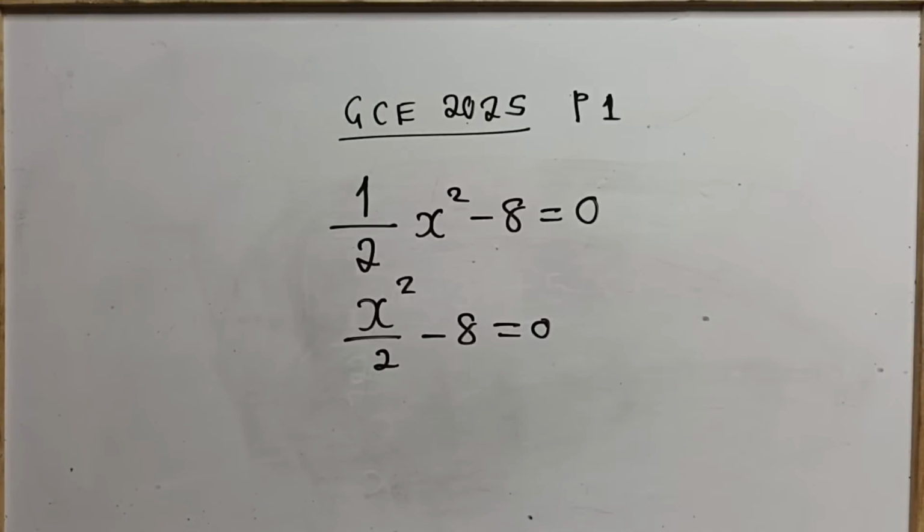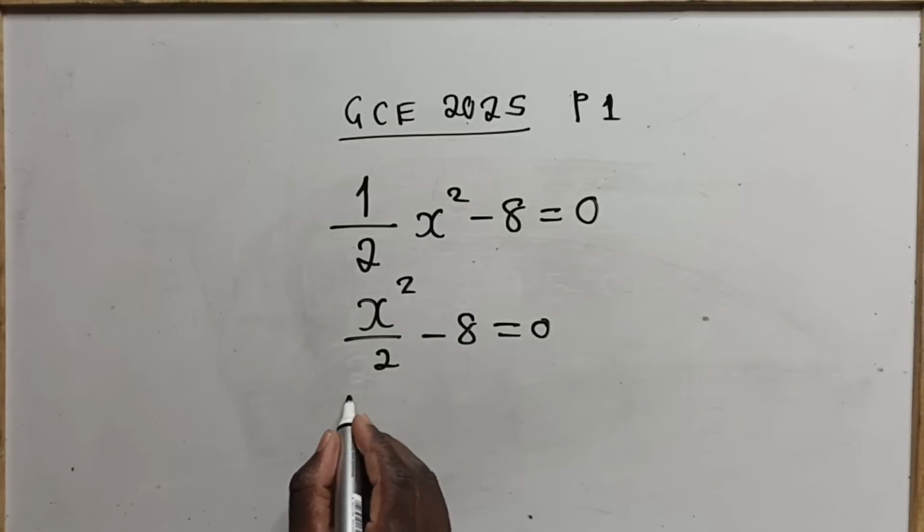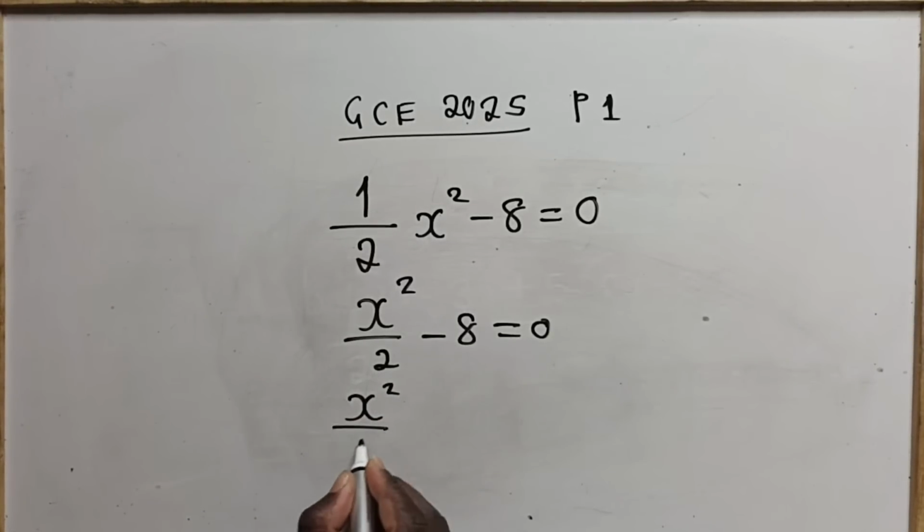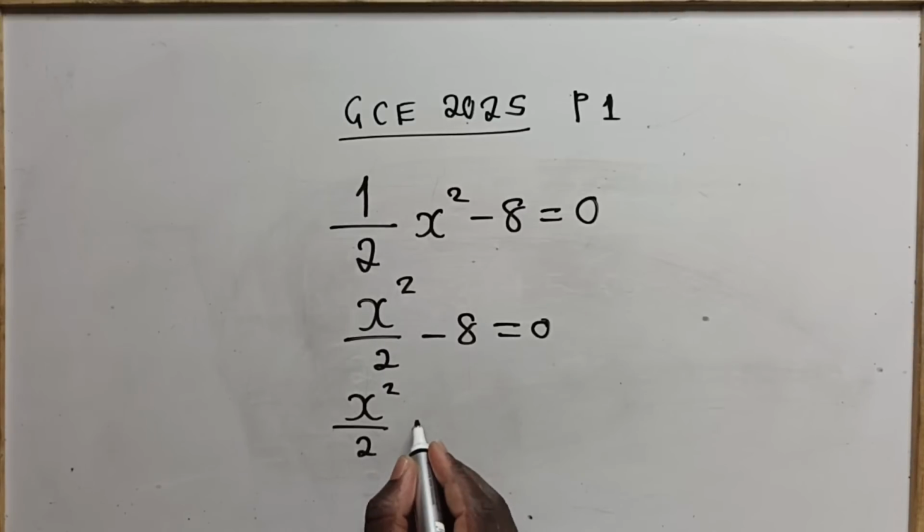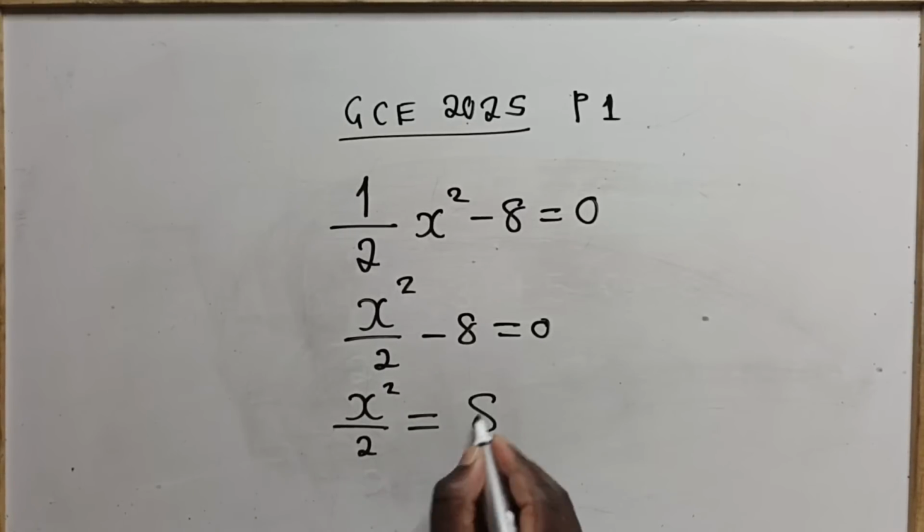The next thing that we need to do here is just to group the like terms. So x power 2 over 2 will be to the left-hand side, which is equal to 8. 8 has gone to the right-hand side.